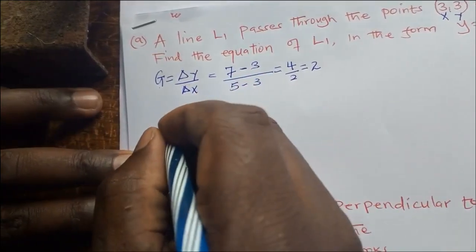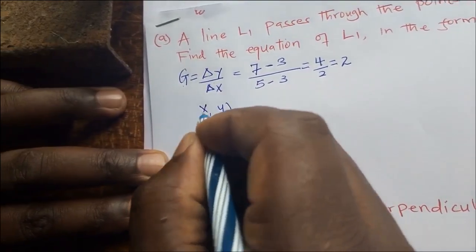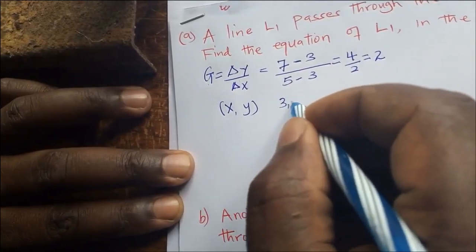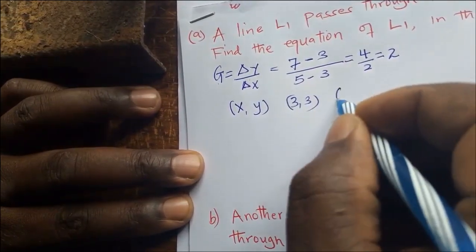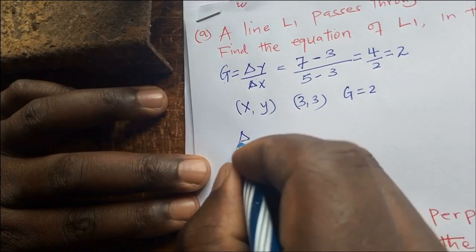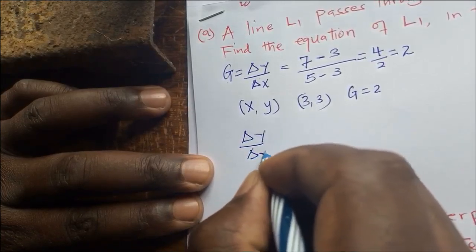Now, since we have the gradient, we can form an equation. We take point (x, y), which is the general point, and one of the points we can even take (3, 3), and our gradient is equal to 2. Now we can form an equation knowing that gradient is equal to change in y over change in x.